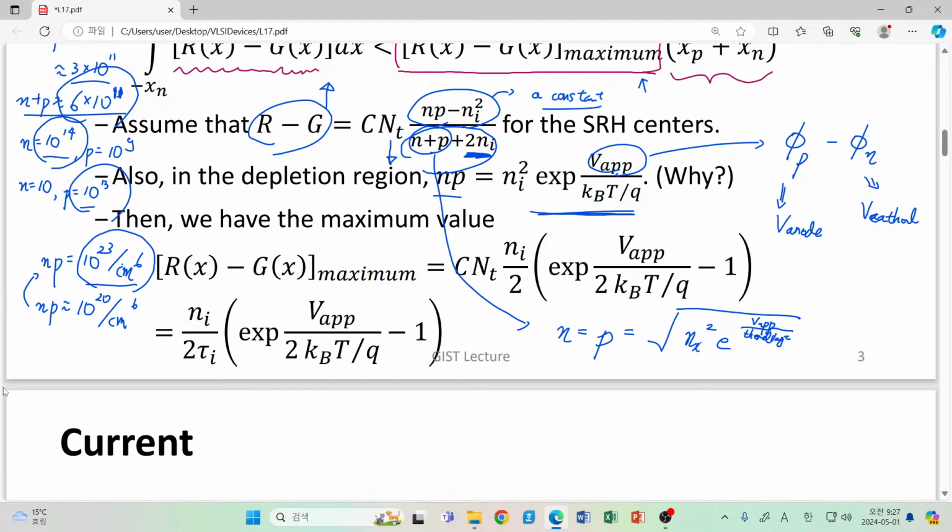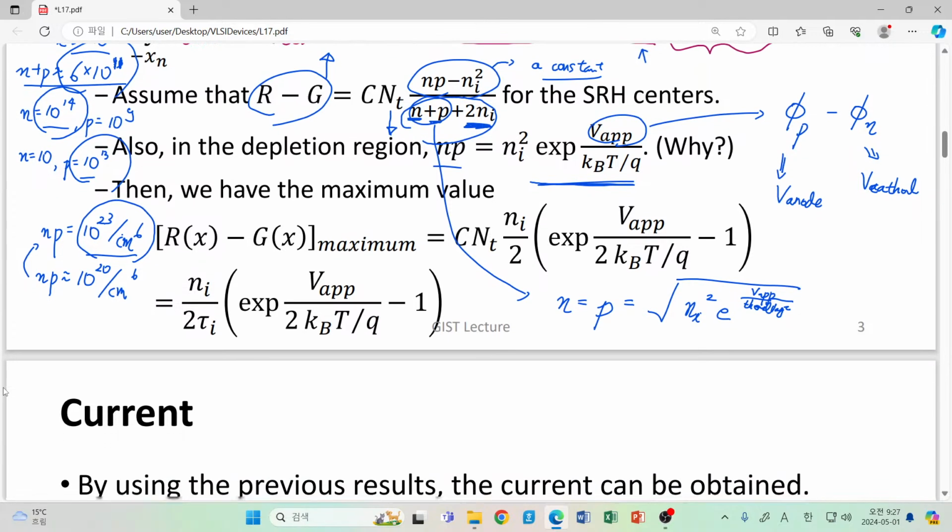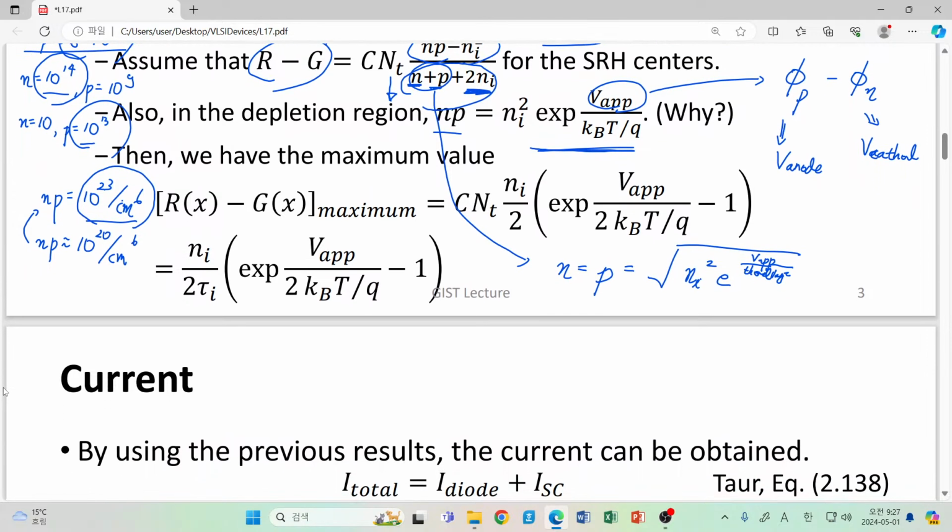You can insert this form into your N and P, and that will give you this expression. Okay?